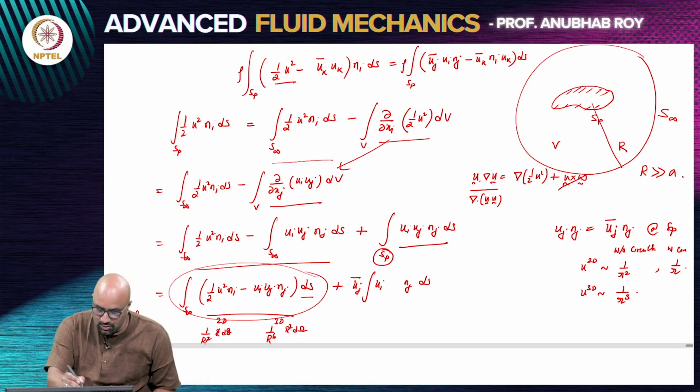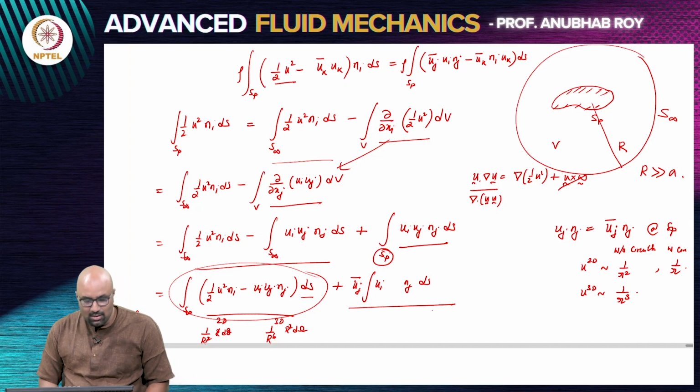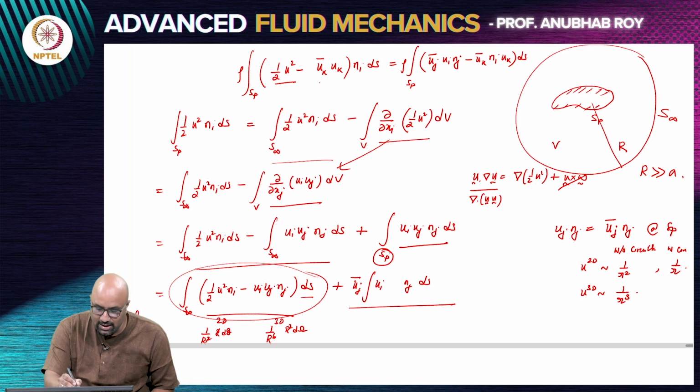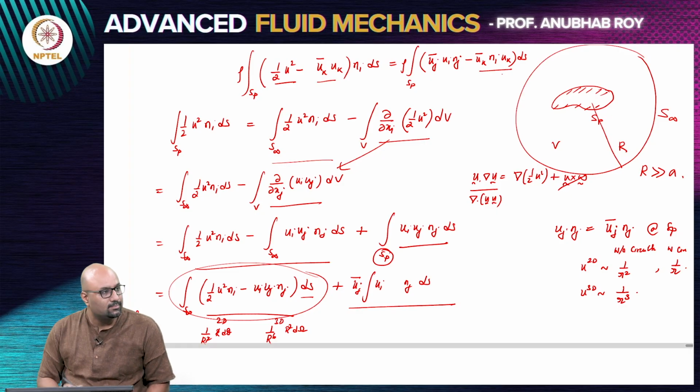So, from half u square, we basically got ū_j u_i n_j, and there was already a ū_k u_k n_i.